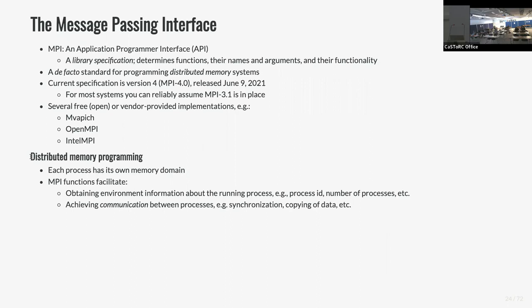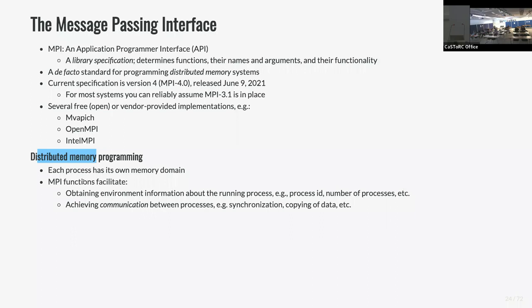And so this is what we mean here by a distributed memory paradigm. So each program runs in its own little memory domain. And even though we might name the variables the same, they are really different pieces of memory on the system, or on the systems if we're using more than one node. And they can have different values.